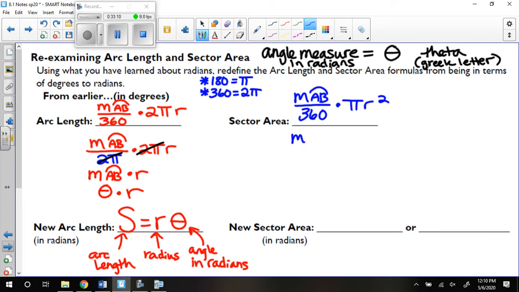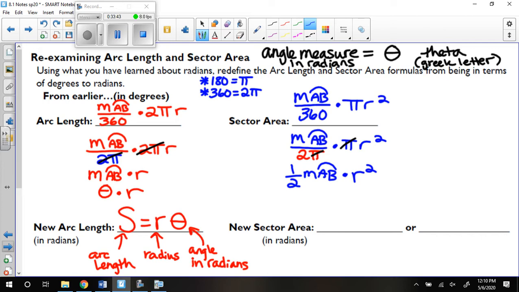So I've got the measure of arc AB over 2 pi multiplied with pi r squared. Well, this pi and this pi can cancel. So instead of having the measure of my arc being divided by 2, I'm going to say that this is half of the measure of my arc multiplied with r squared.